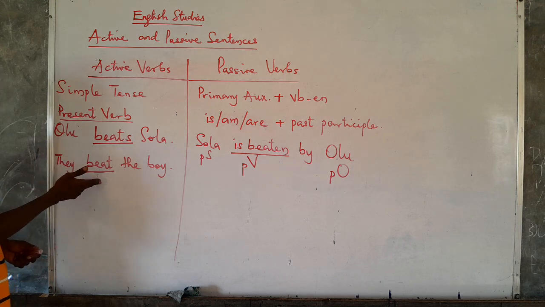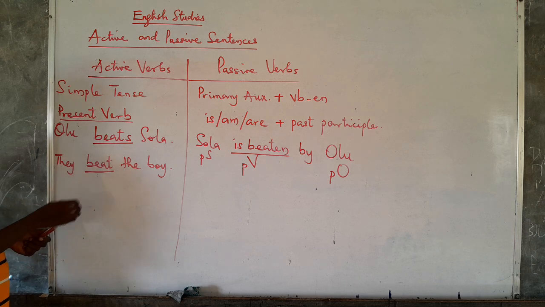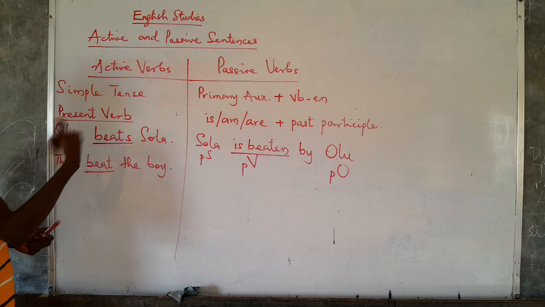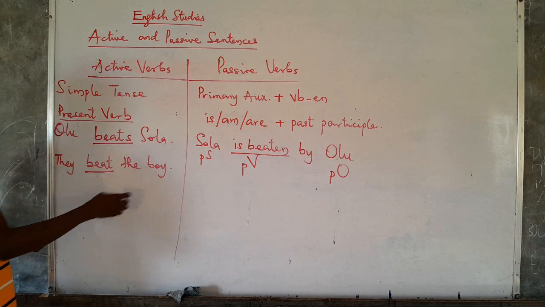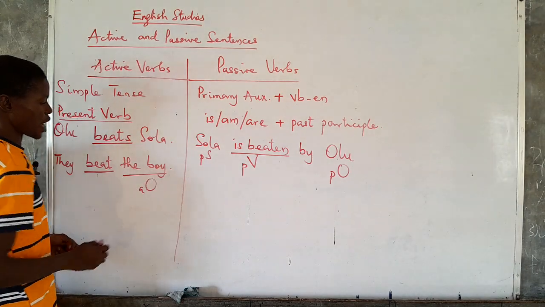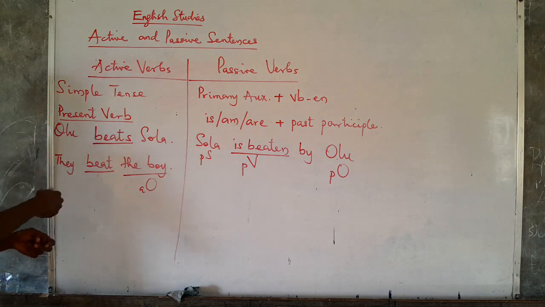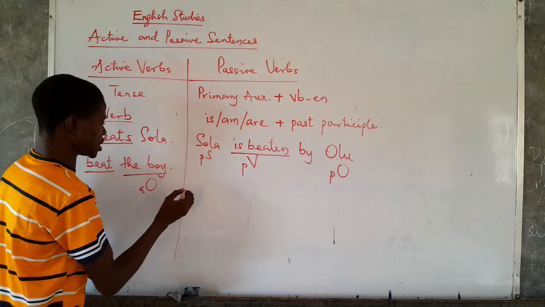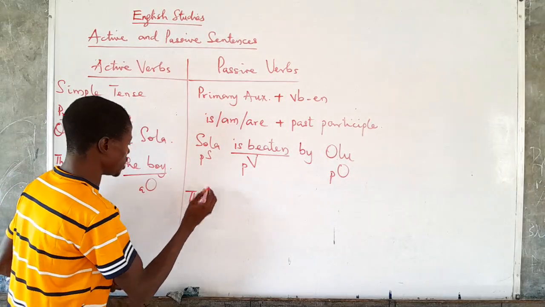We can also treat this as past, but first, let's treat it as present. If you now have it this way, bring your AO. This happens to be AO, active object. Bring it to the position of subject, which will now be PS, which is supposed to be the boy.